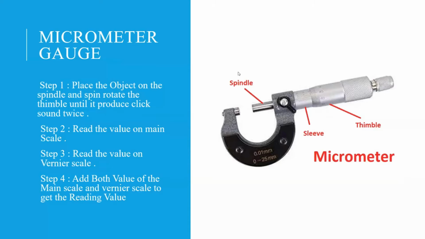Step 2. Read the value on the main scale. Step 3. Read the value on the vernier scale, which is on the sleeve, and the main scale is on the thimble. Step 4. Add both values of the main scale and vernier scale to get the reading value of the micrometer gauge.